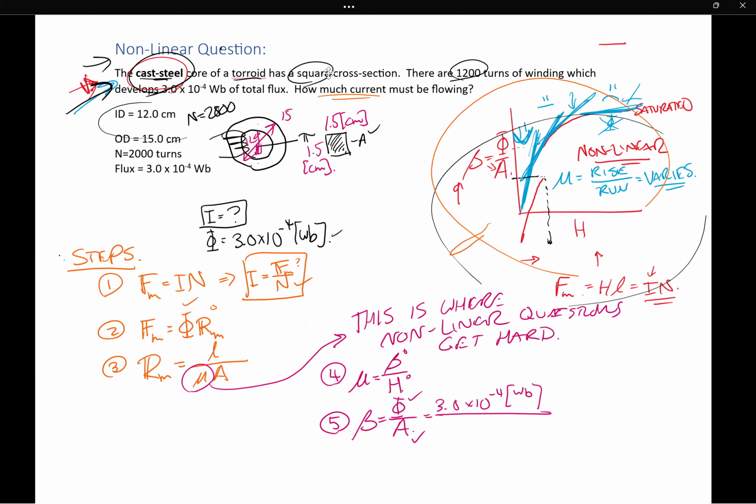That would be my 1.5 centimeters. And I didn't mean that in a rude way, that you might forget how to deal with the area of a square. But remember, we have to take that 1.5 centimeters and square it, right? That's it. But we need to be working in meters. So don't forget that when you are converting to meters, we know there's 100 centimeters in a meter, but we have to remember that it is squared.